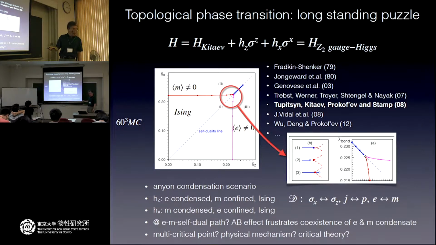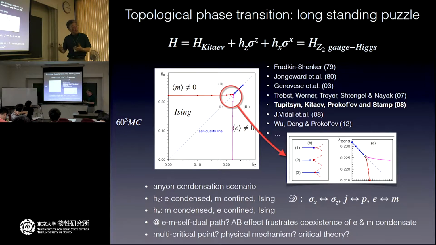However, if you think carefully, you notice that the mutual statistics between the electric charge and the magnetic flux are anionic statistics.